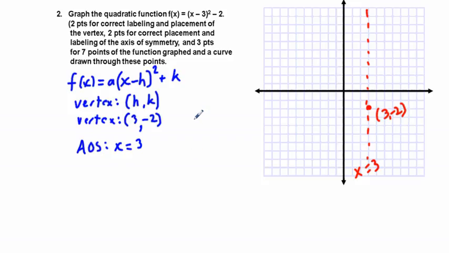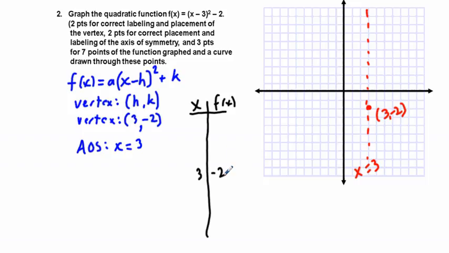Now, we have most of what we need here, 7 points of this function graphed and a curve drawn through these points. Well, to do that, we can just create a table, and we have x, f of x, and we know our vertex is at 3 comma negative 2, so we'll put input of 3, output of negative 2.